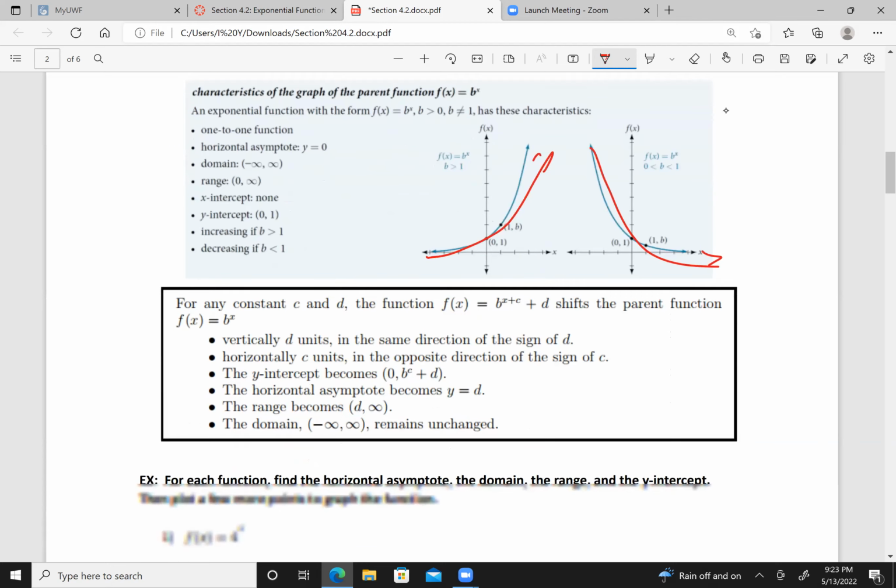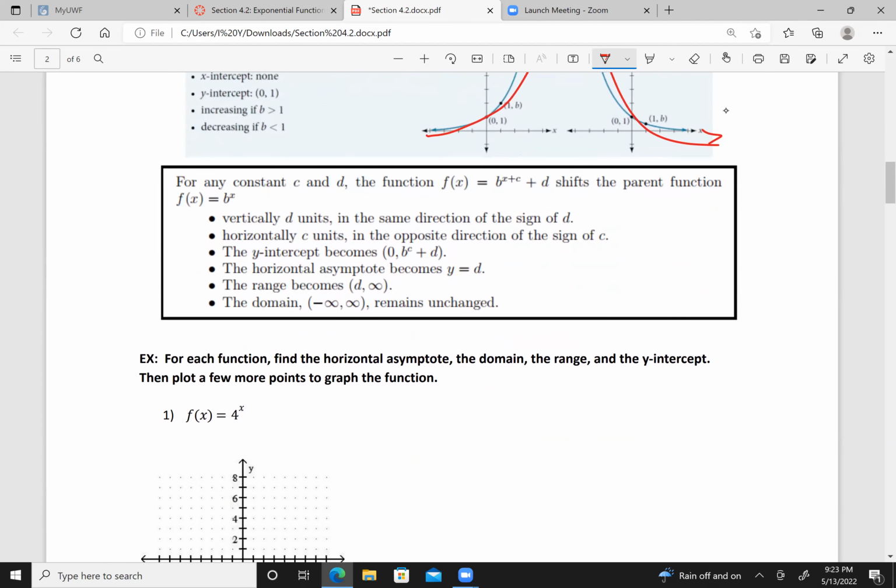For any constants c and d, the function f of x equals b to the x plus c, plus d, shifts the parent function f of x equals b to the x vertically d units in the same direction of the sign of d, horizontally c units in the opposite direction of the sign of c.